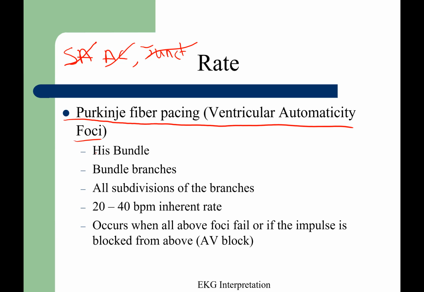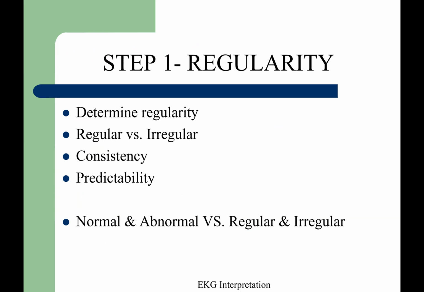They are located in the bundle of His, the bundle branches, down in the Purkinje fibers, and all the other subsequent branches within the ventricular electrical system. They can then pace between 20 to 40 beats per minute. But again, it only occurs when all other cells of higher order fail.